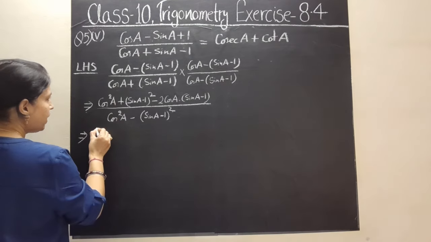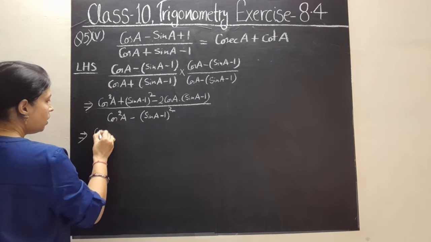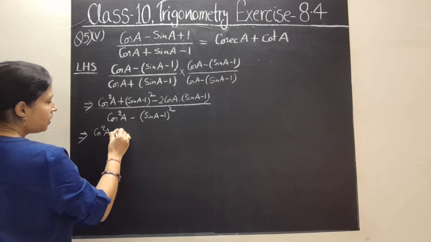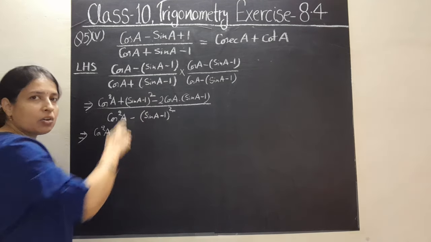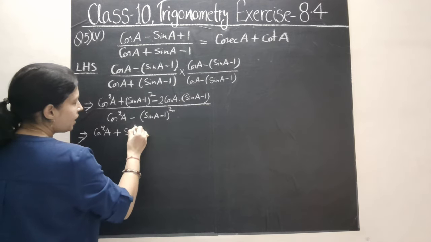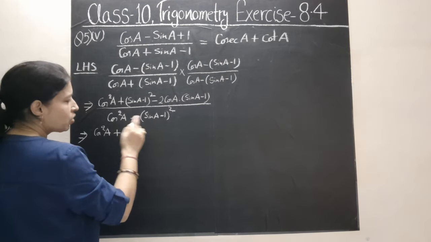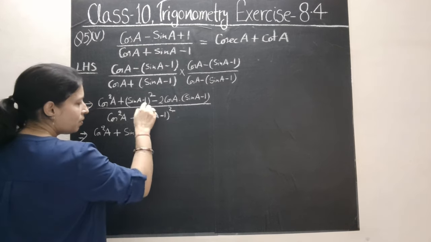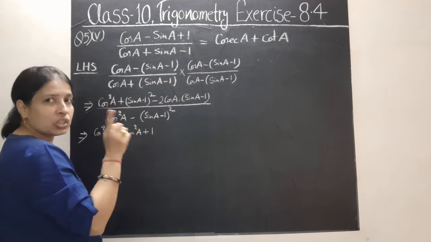Okay, so we can write here cos square a plus (a minus b का whole square) again. So it will be sin square a, square plus b square means 1, minus 2ab.